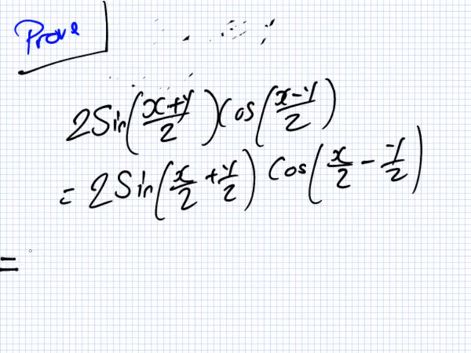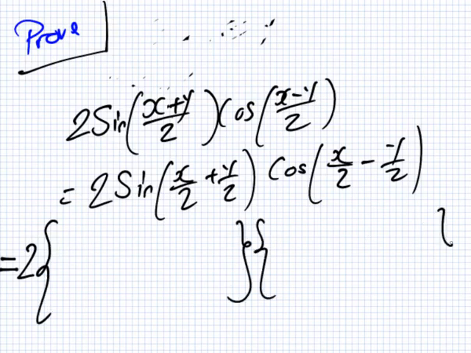Right, so this would be 2, and then we'll have 2 brackets, and this would be sine. Now to save space, I'm just going to write sx to mean sine x over 2. So it's sine a, what's after it? This is sine a plus b.